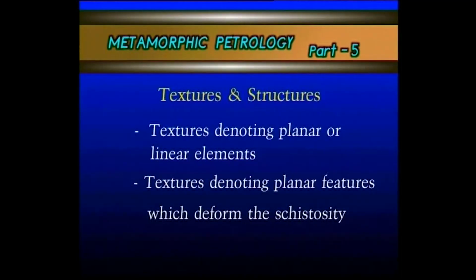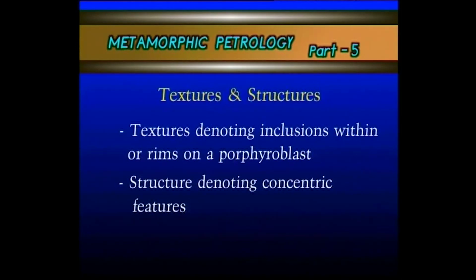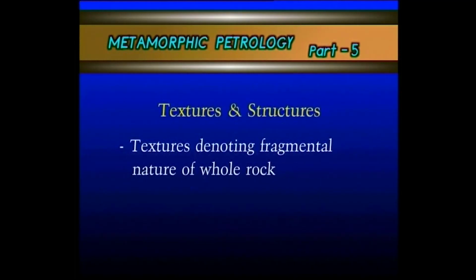Textures denoting planar or linear elements, textures denoting planar features which deform the schistosity, textures denoting lack of preferred orientation or equidimensional grains, textures denoting large grains within the rock, textures denoting inclusions within or rims on a porphyroblast, structures denoting concentric features, and textures denoting the fragmental nature of the whole rock.